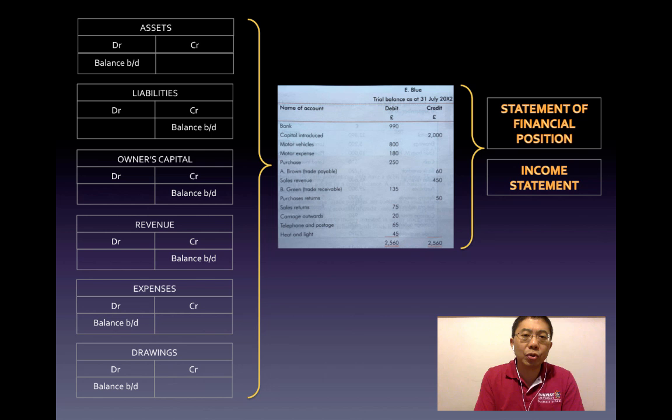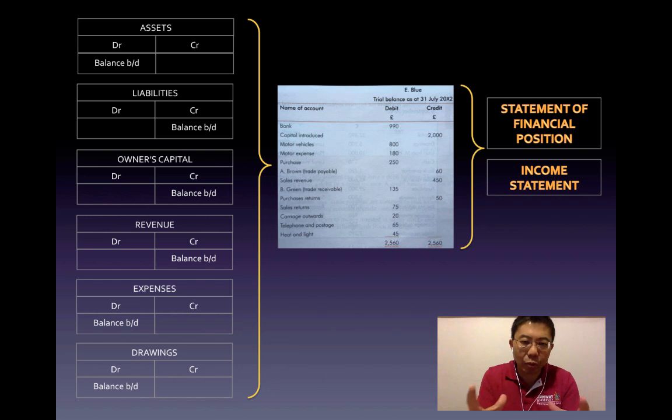This document that we use is called the trial balance, right? And the trial balance essentially is an extraction of all the balances in all the ledger accounts. We put them into one summary sheet, and we indicate for each item, let's say bank or capital or motor vehicle, we will put the balances in the respective columns, whether it's debit balance or the credit balance, and we total it up to make sure that the debits equal the credits.